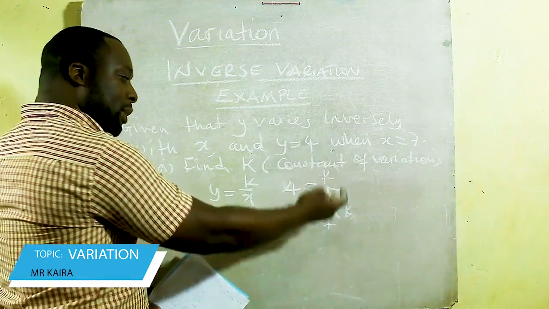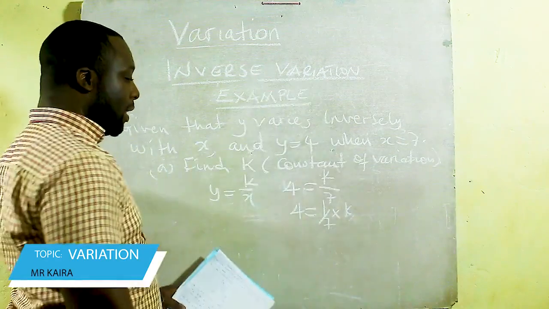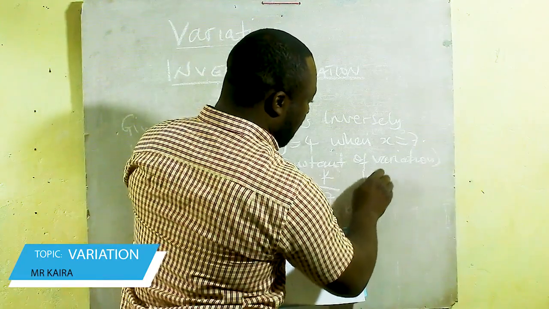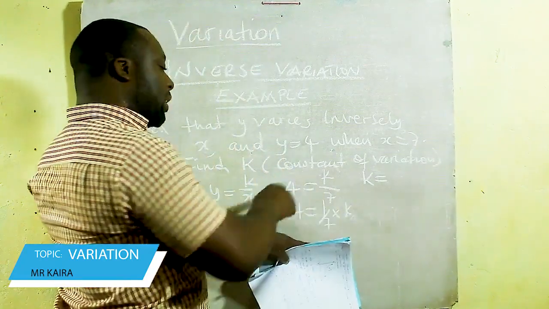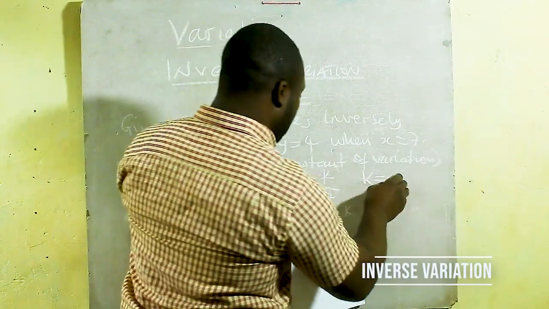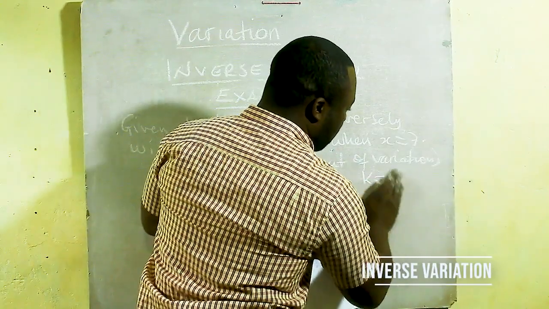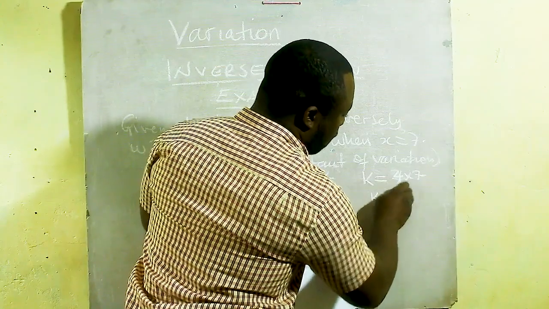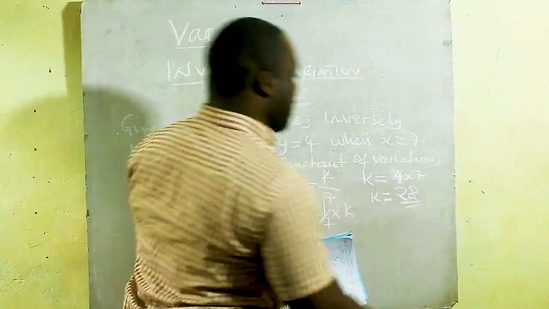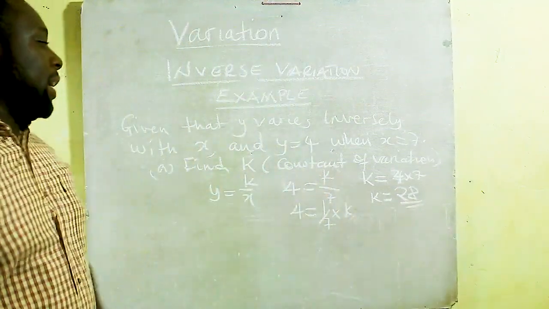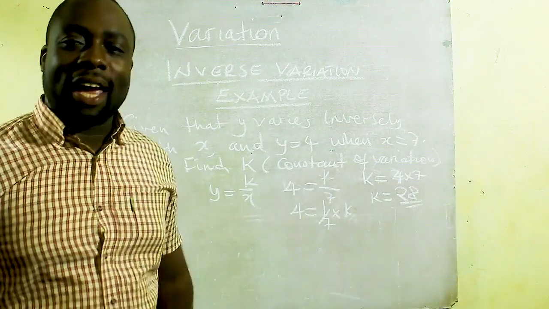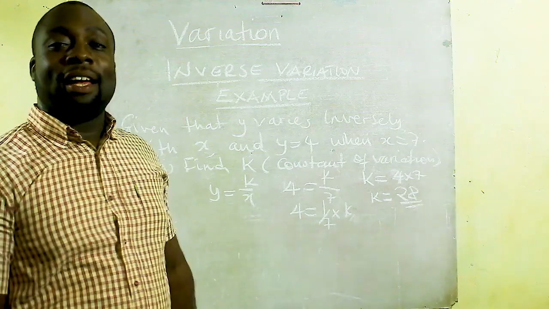Whatever we do to this side is also done at the other side. So k is equal to 7 times 4, so our k is equal to 28. Are we together?